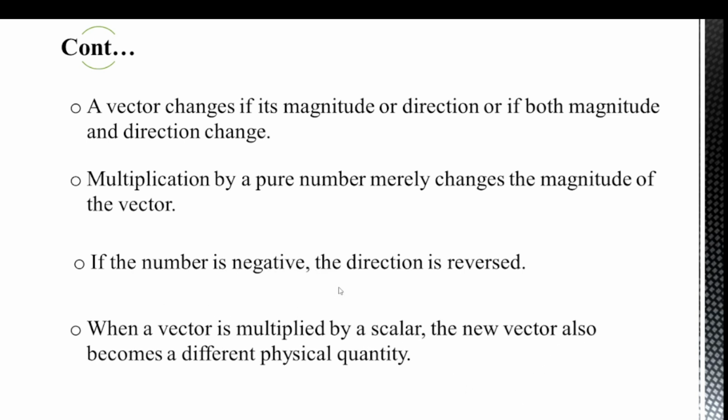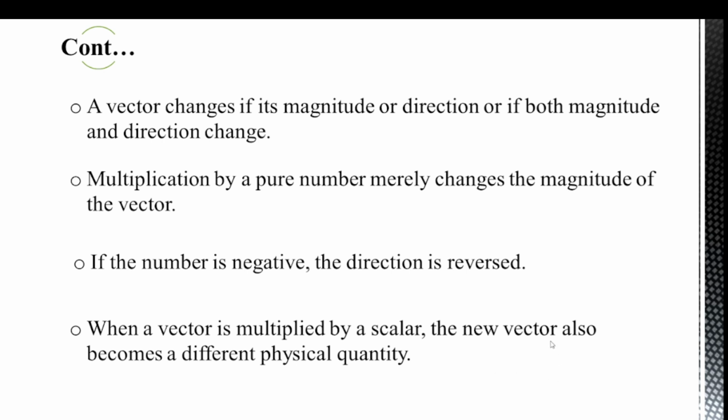Another very important concept or point is when a vector is multiplied by a scalar like time, mass, temperature, the new vector also becomes a different physical quantity. For example, if you multiply acceleration with time, you will have velocity as the product.